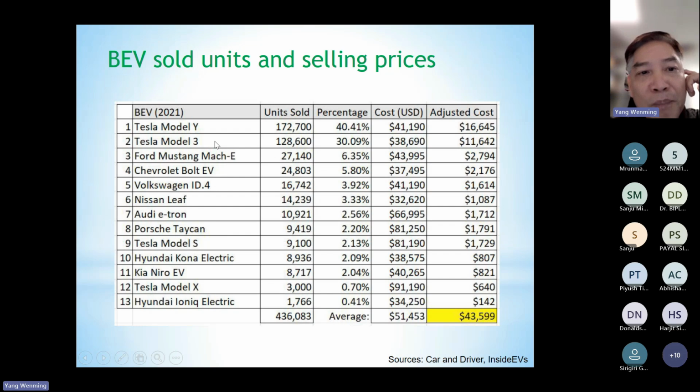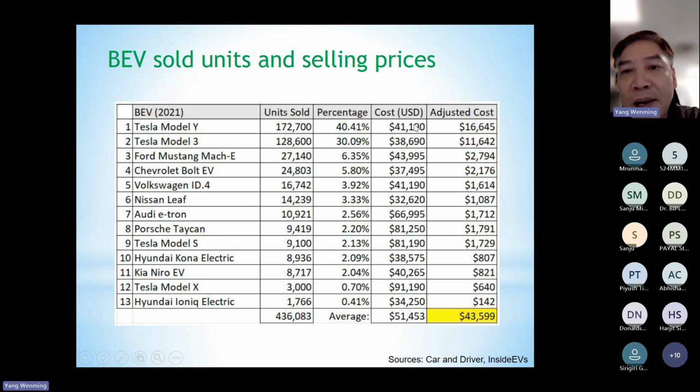The second most popular one is the Tesla Model 3, which sold 128,000 units, and the market share is about 30%. All the rest are much lower than these two models, correct?